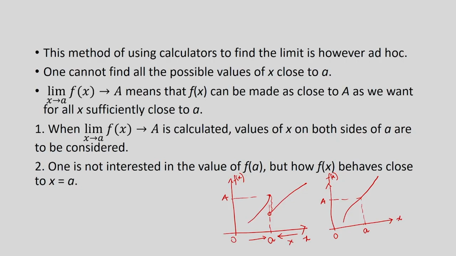So, we say that the limit does not exist at this particular value of x equal to a. But suppose you take a kinked sort of shape, then can we say the limit exists? Suppose the function is something like this.